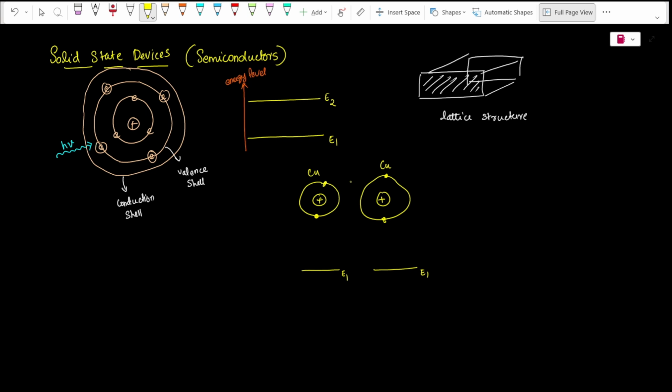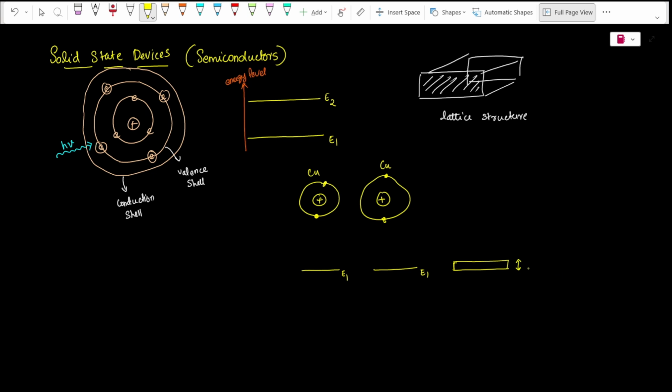But when these two atoms are kept close in a lattice, you can see that there is a variation in their energy, and this energy could vary slightly, especially when you have multiple atoms packed together.